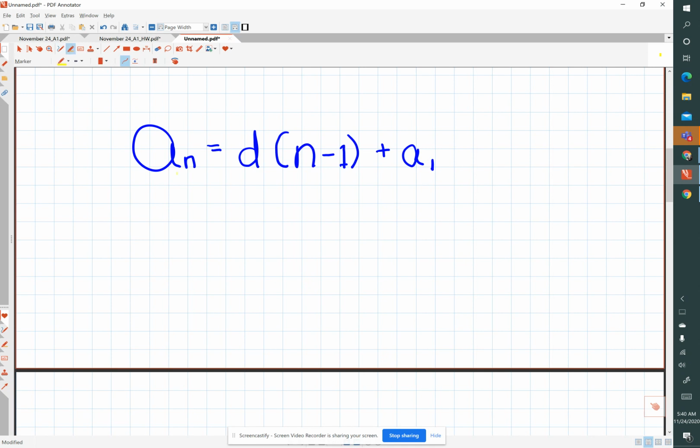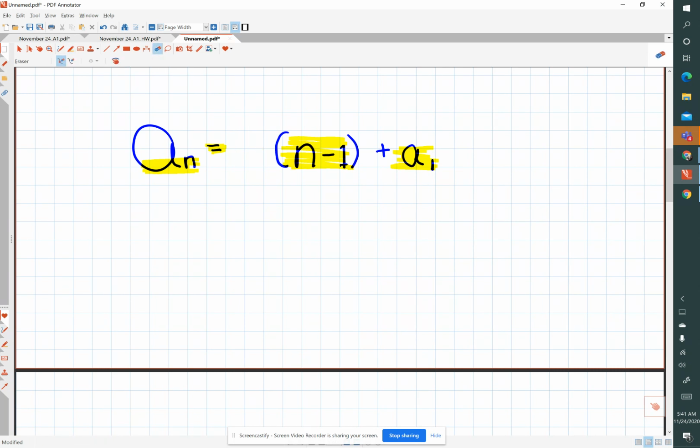So a sub n equals d times the quantity of n minus 1 plus a sub 1.